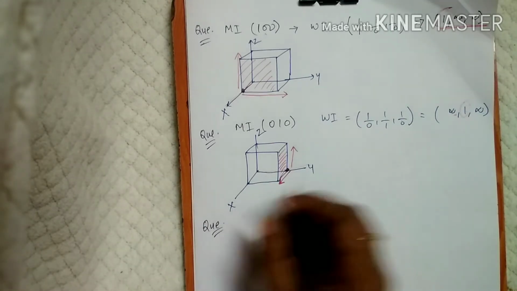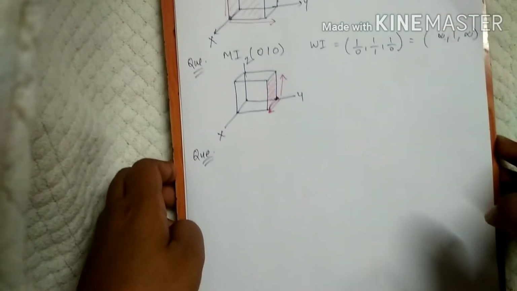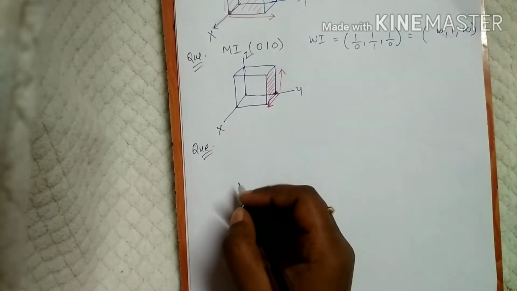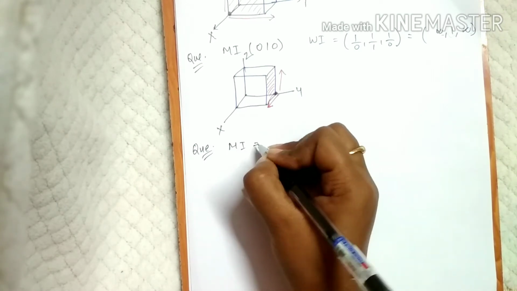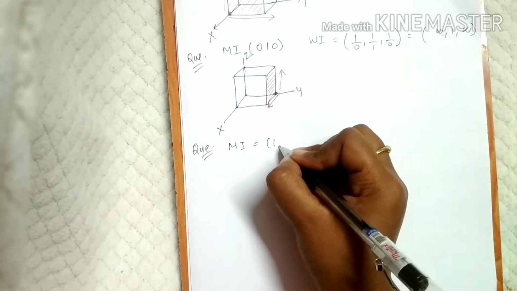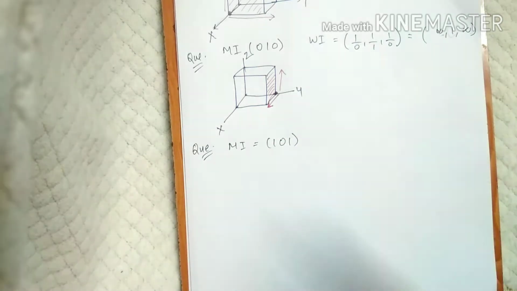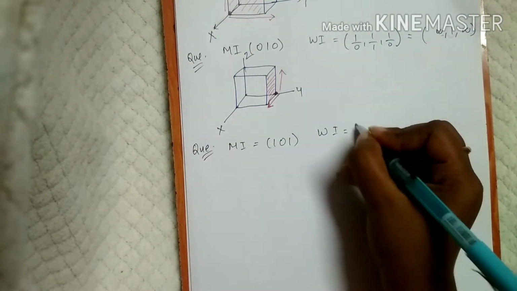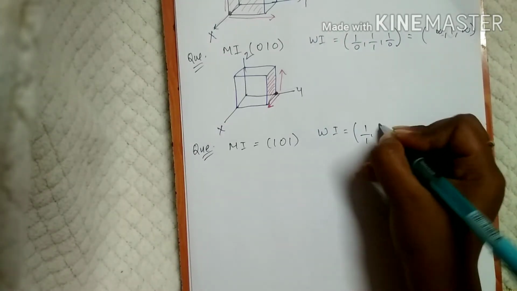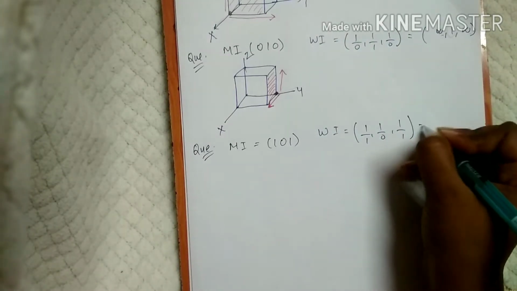Now suppose we are given the Miller indices 101. So now the Weiss indices will be the reciprocal of this: 1 by 1, 1 by 0, 1 by 1.